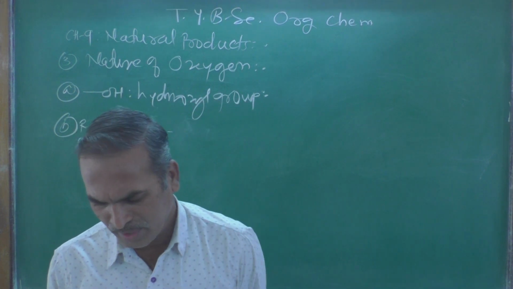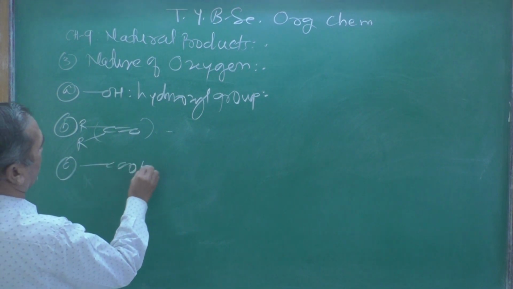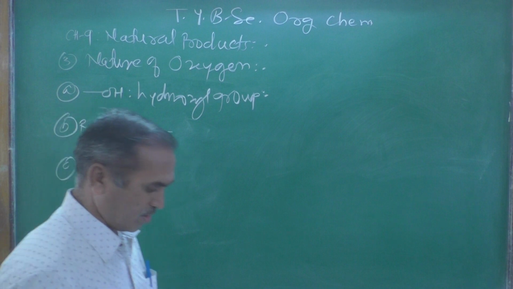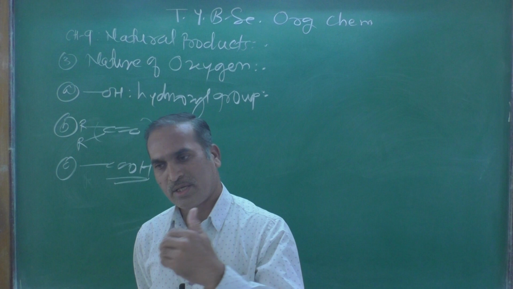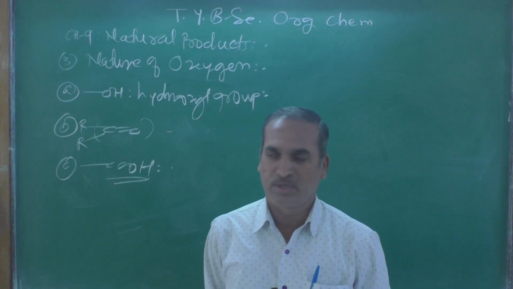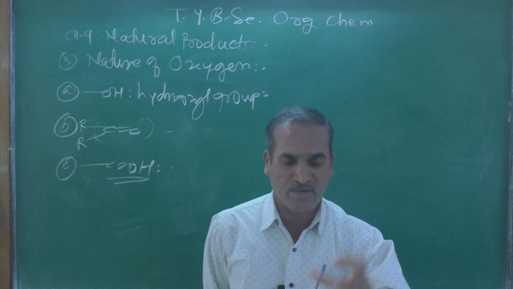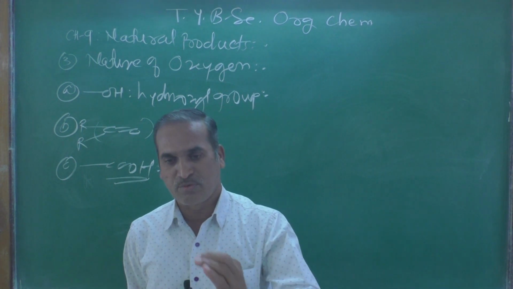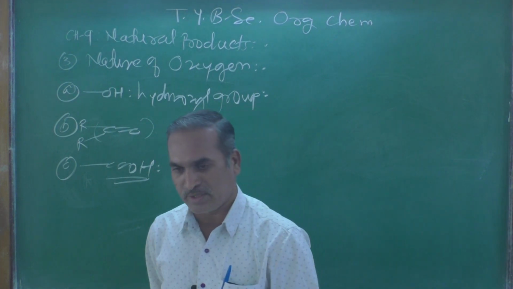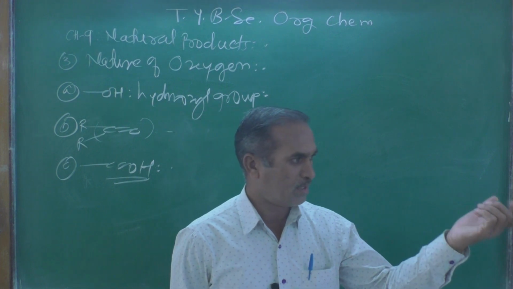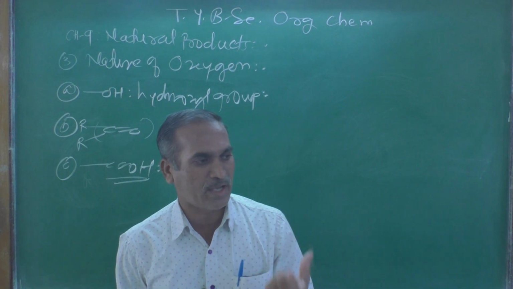Then the third one is the carboxylic group, COOH. How do we perform the test for a carboxylic group in an organic compound in the laboratory? While performing qualitative analysis, we use one reagent, 10% sodium bicarbonate.